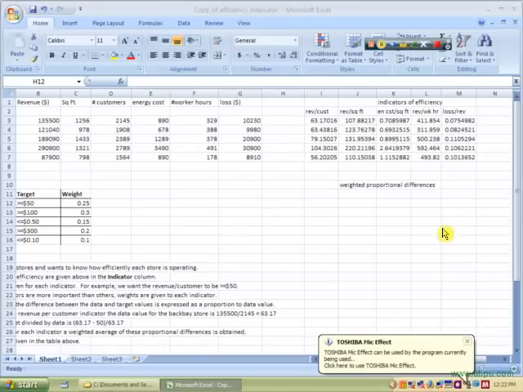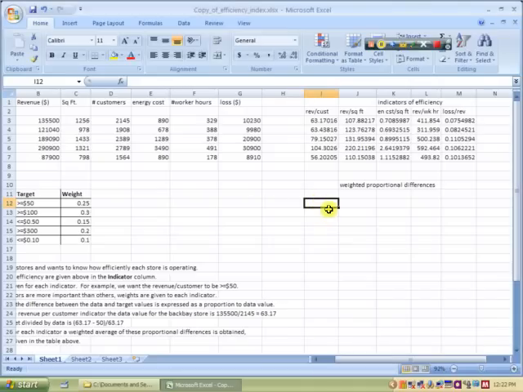Now, let's start with the indicator of revenue per customer. That's weighted 25%, as you can see. So let's do that under the revenue per customer column. We're going to multiply that by 0.25.